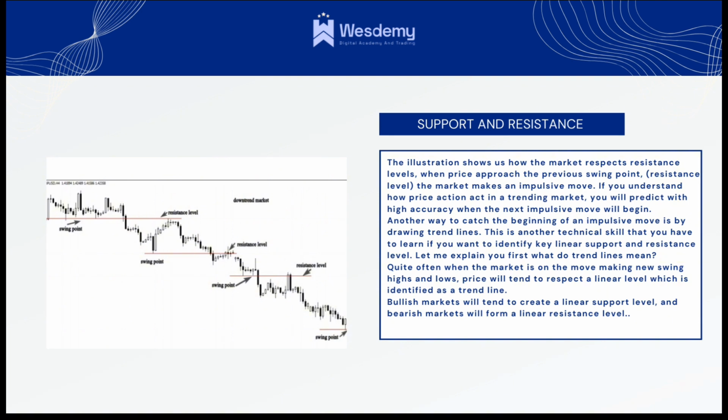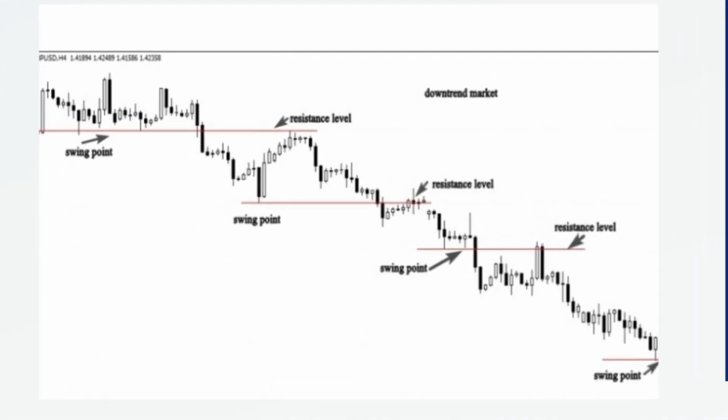Now, before I go on to explain what a trend line means, look at the image on your left. On the left side of the screen, guys. Now you can see this is a downtrending market. And we said the downtrending market is made of lower highs and lower lows. So we have a lower low, lower high, lower low, lower high. Once you highlight the lower lows, which are also swing points, they form a resistance later on.